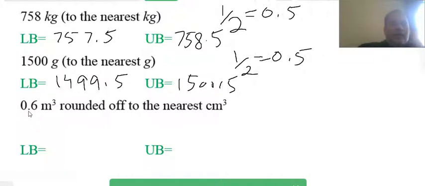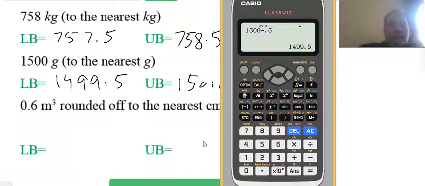Here in this question, 0.6 meter cube is rounded off to the nearest centimeter cube. So what we do, we first convert this number into centimeter cube. To convert this into centimeter cube, 0.6, we multiply this by 100 three times, because it is cube.